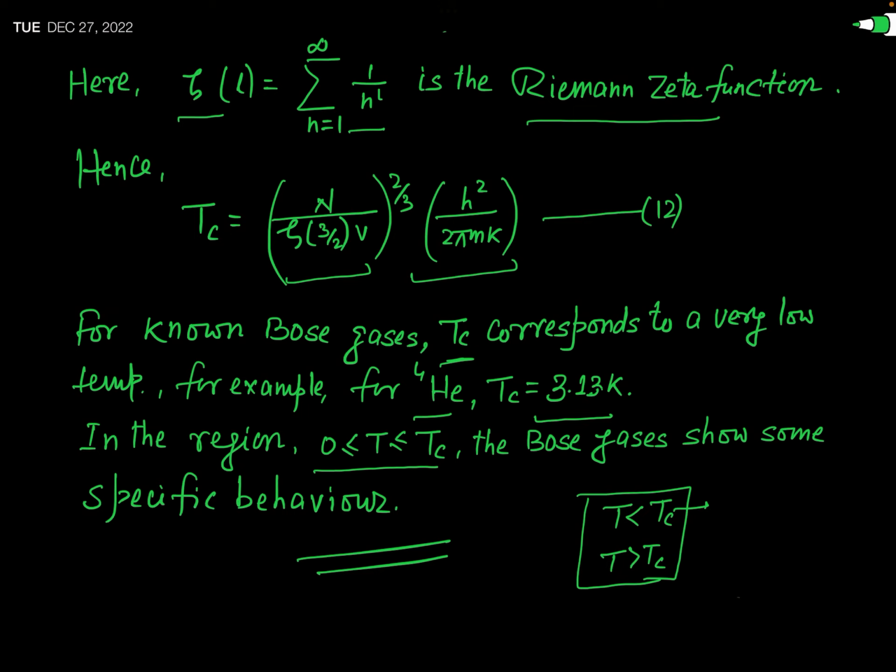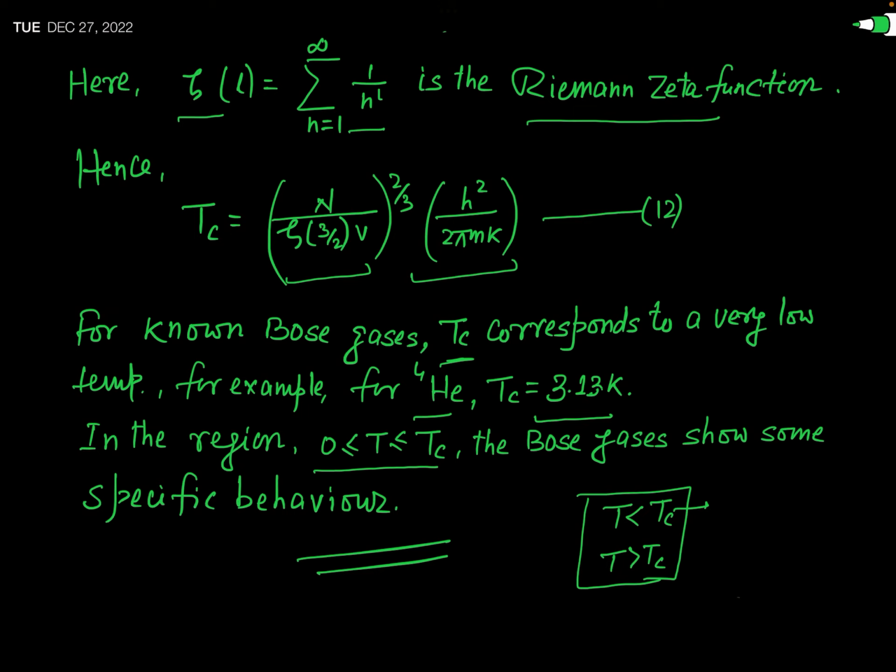These are the different phenomena which occur when the temperature of the gas is less than Tc. This is the most important case. Then this Bose gas differs much from the ordinary Boltzmann gas, and it possesses some peculiar properties.